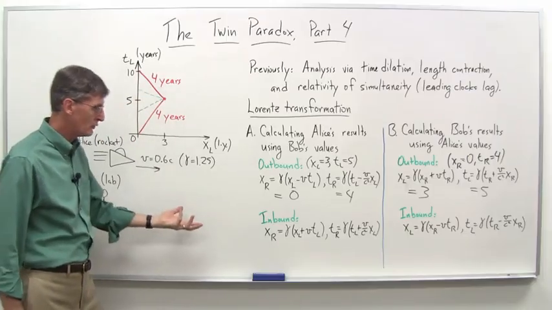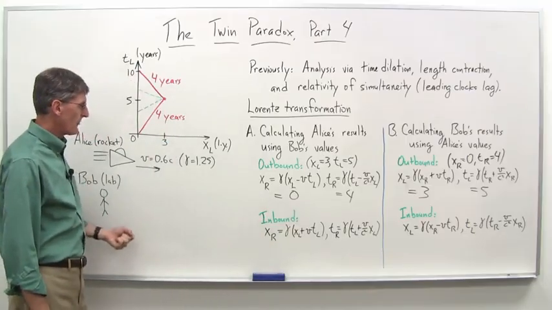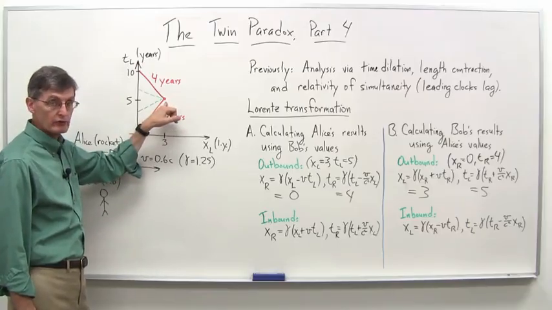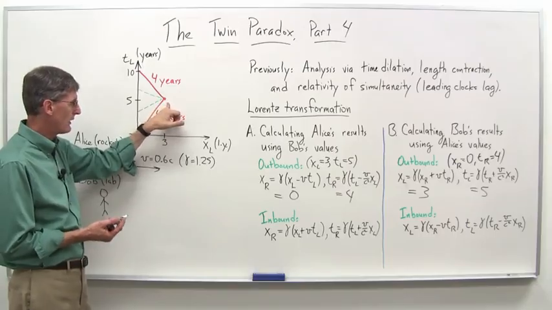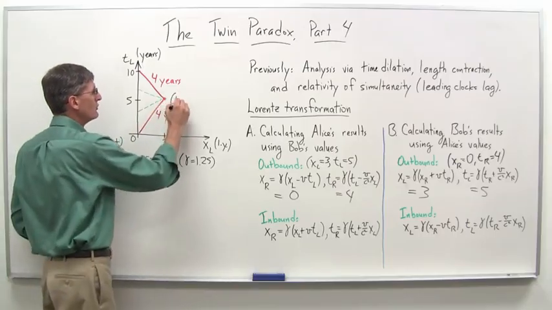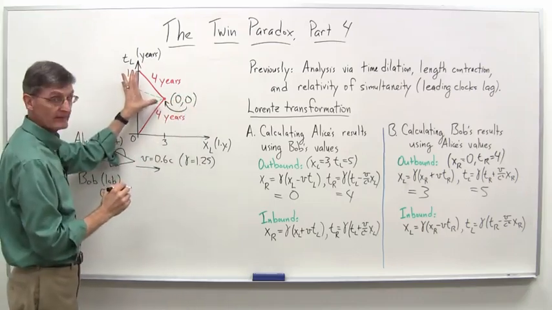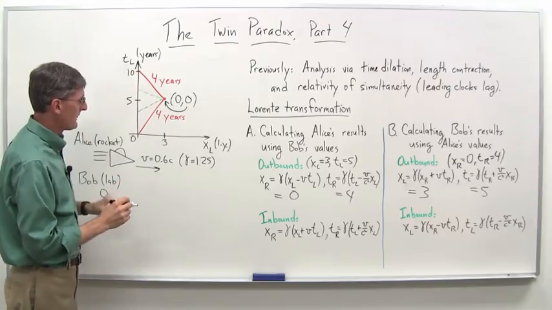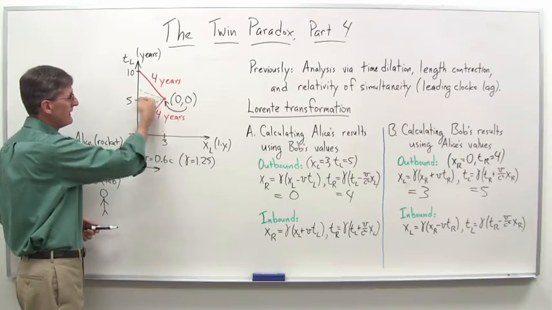So to make it easy to use our general equations here, we have to redefine this as the origin point. If this now is our new 0, 0 point, just for the second leg, the inbound leg analysis, that means xl is going to be negative 3.